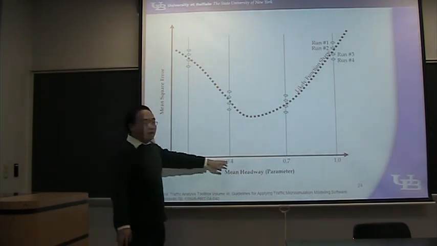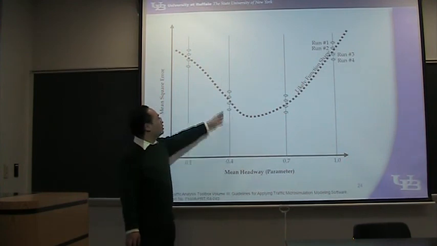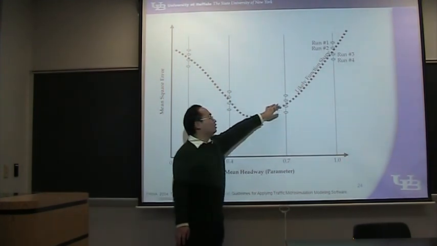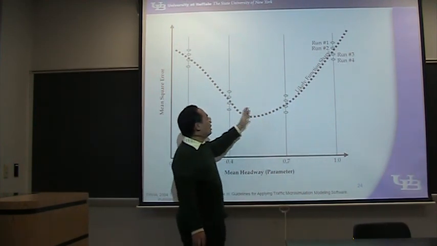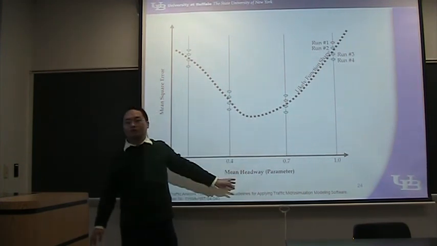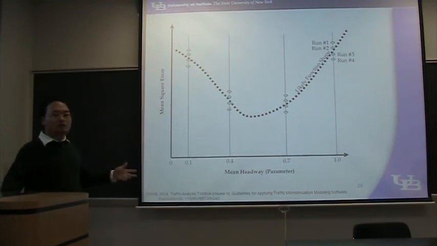You change the parameter, and for each parameter value you run it 4 times. Then you can plot a curve, and in this way you may be able to find the optimal value. So this is single parameter search.